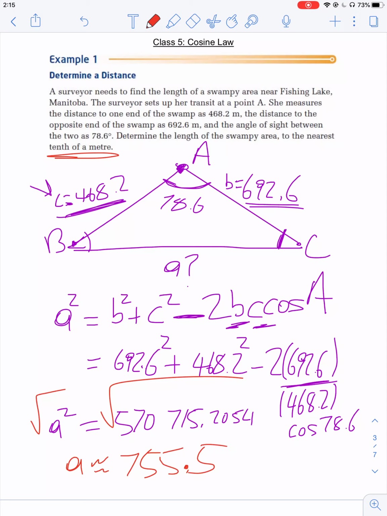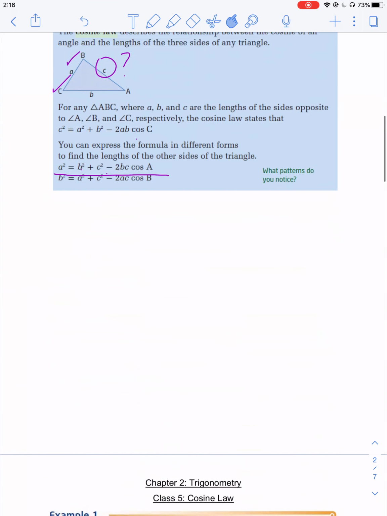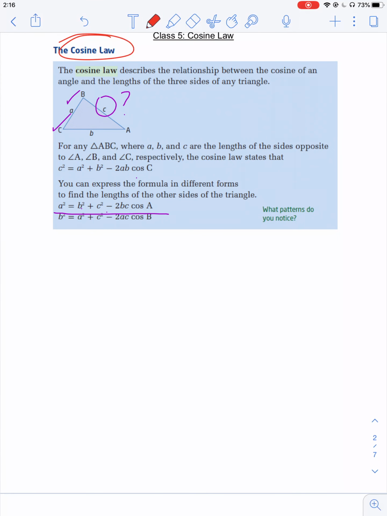Obviously your units have to match: if this was given in meters, then this has to be meters. So that's how you use the cosine formula. If you're looking for A, then your formula has to start with that value you're looking for. That's how you know which of the three formulas to use.